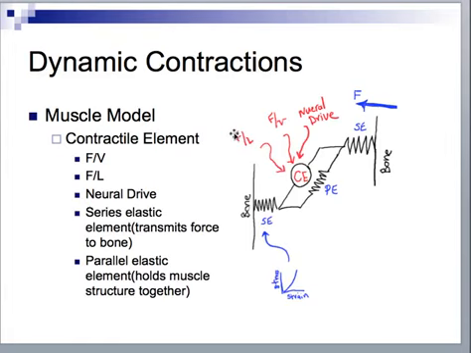So for a different force length and force velocity, we might need a different neural drive. And then the amount of tension that gets developed and transmitted to bone is partially attenuated by the minimal but important level of a spring constant of the tendon.